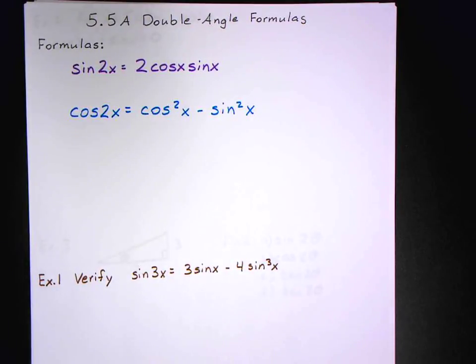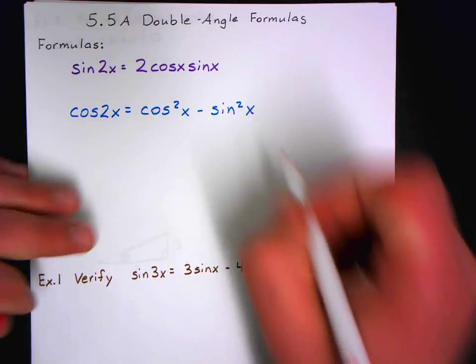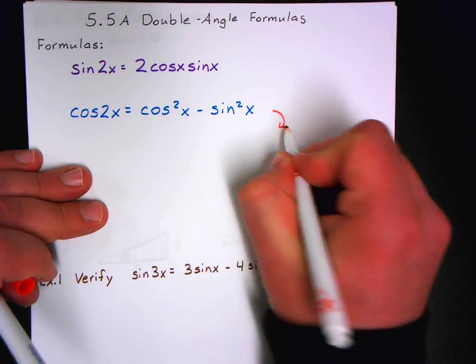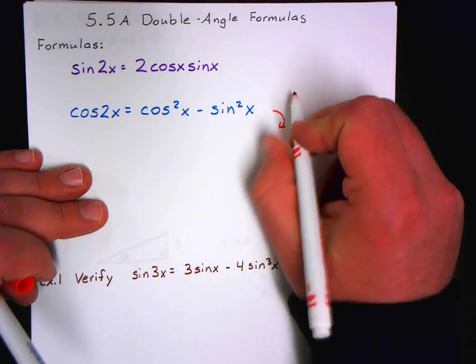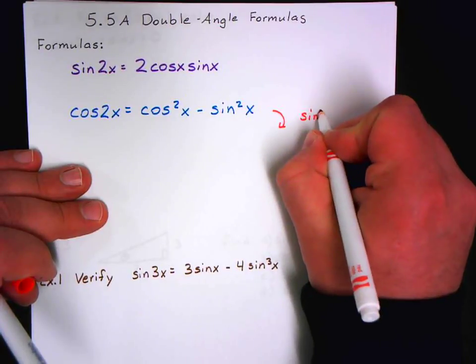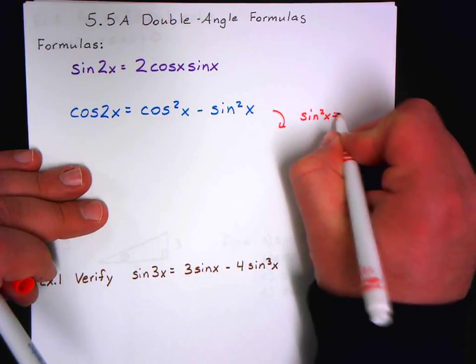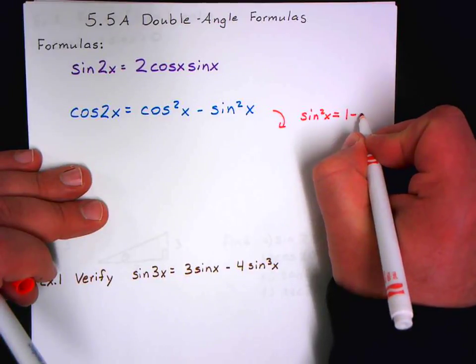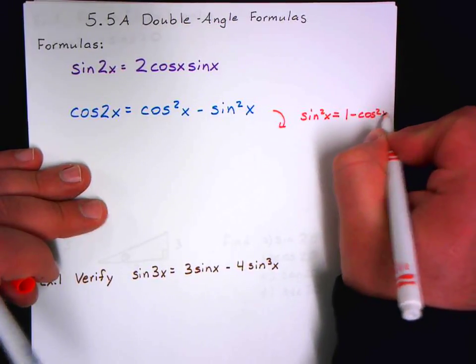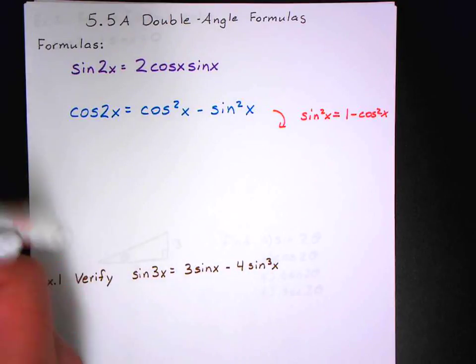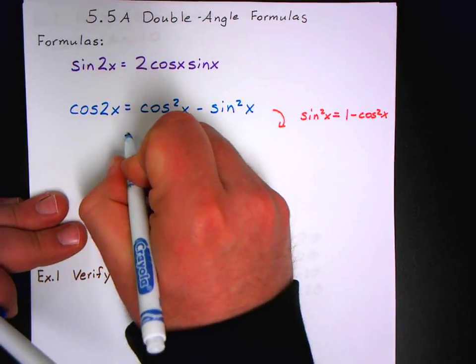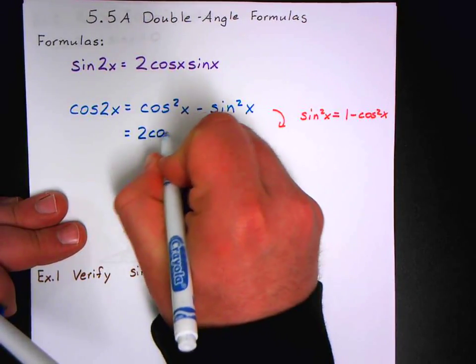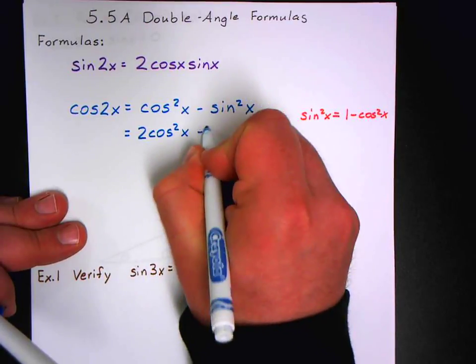So, if I would take the sine squared and replace the sine squared with 1 minus cosine squared, I would get the second form of this, which is 2 cosine squared x minus 1.